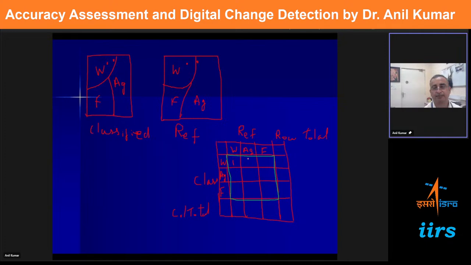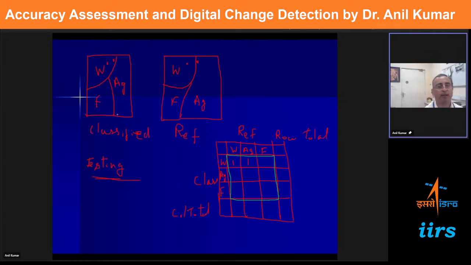So it will come here. I'm just telling you how to create the matrix with respect to the testing samples. So here we have to use testing samples, and using these testing samples, we can fill this error matrix.